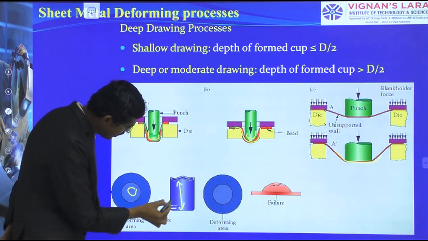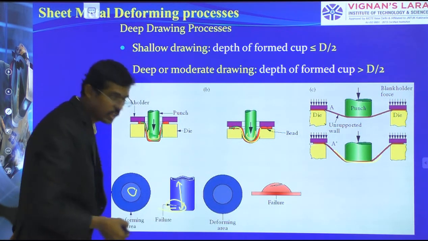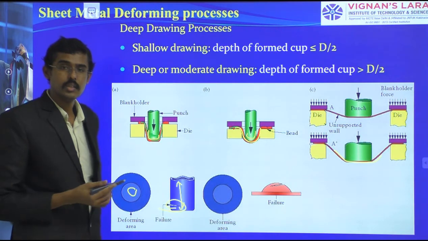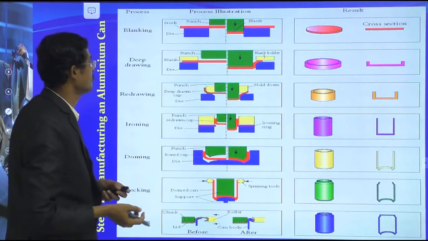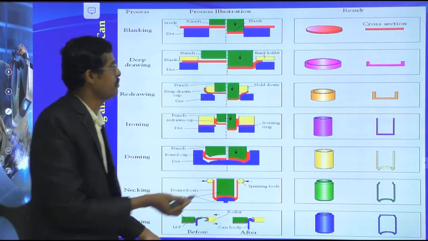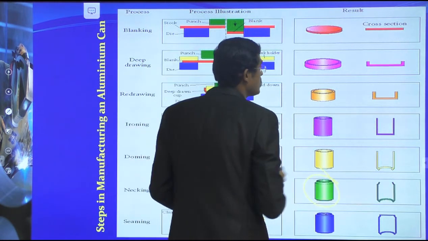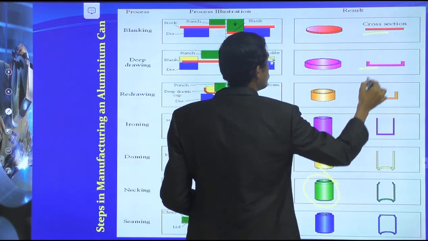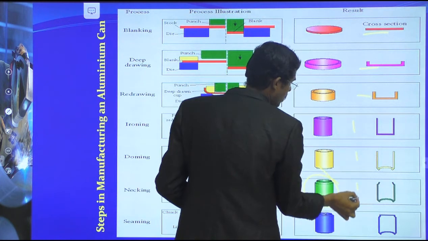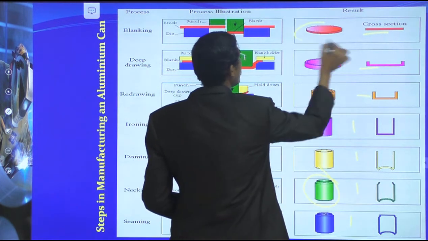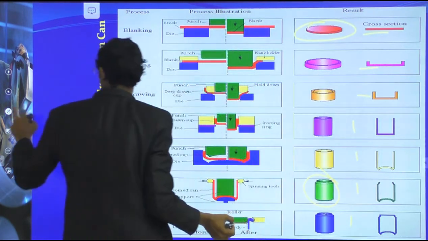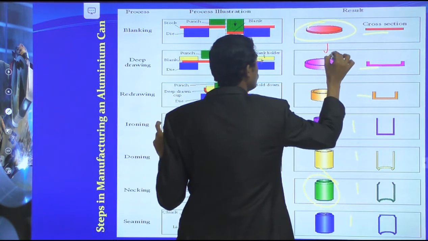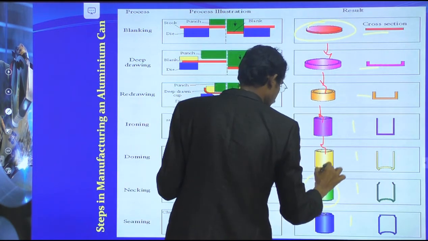But here we have some failure in the product due to shrinkage effects. There are various can preparation methods. You can see some plate we have taken, and the punch keeps on increasing its depth, and finally we have converted it into a can.